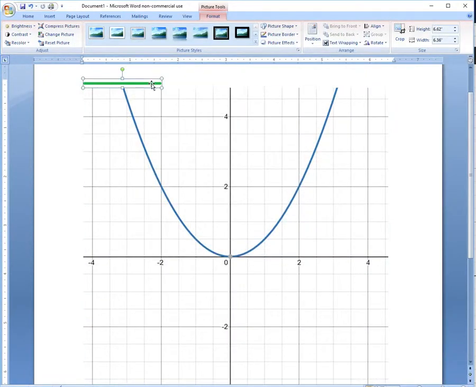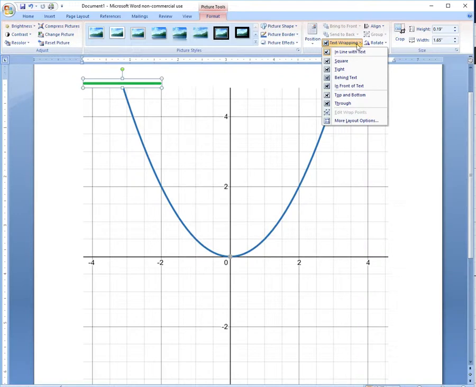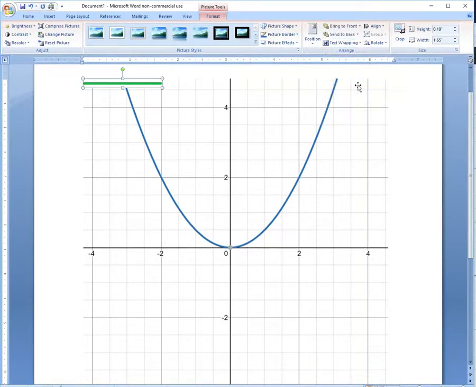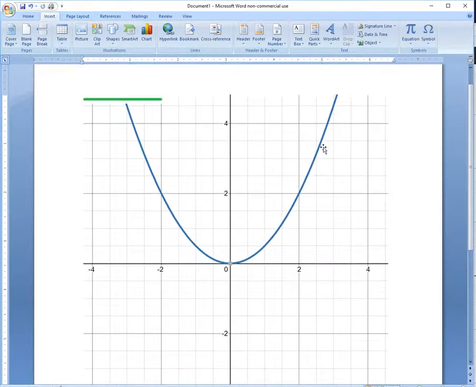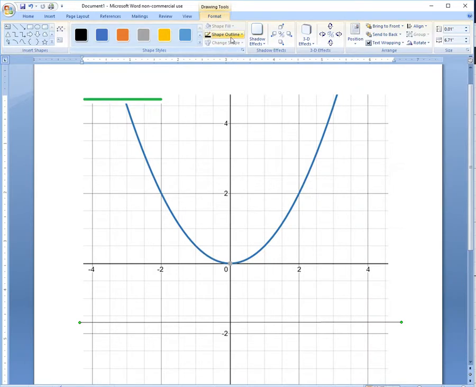Alright, so now I have this line that I created before, because I'm going to use that to help us place it. Okay, so let's say I'm creating a random line at the bottom here, and we're calling that our directrix.